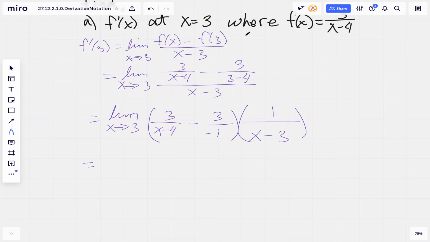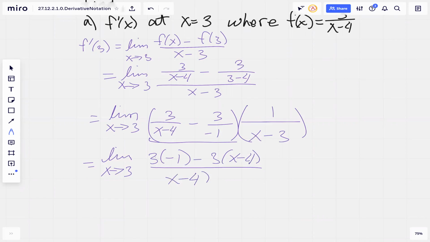What we're going to do is try and do this subtraction, but we need to put everything over a common denominator. So we have 3 times negative 1 minus 3 times x minus 4, over x minus 4 times negative 1, all over x minus 3.